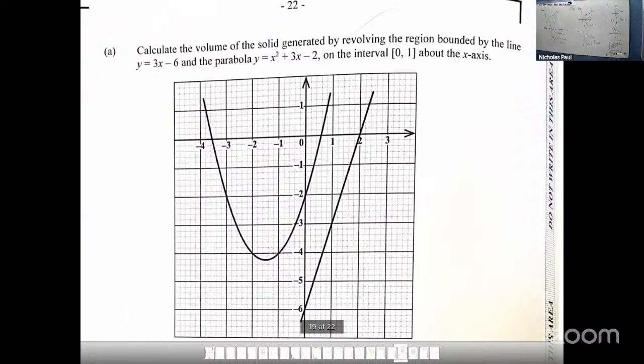Which one is on top? The line is bigger, right? So it will be 3x minus 6 all squared minus the curve all squared. Try that please.